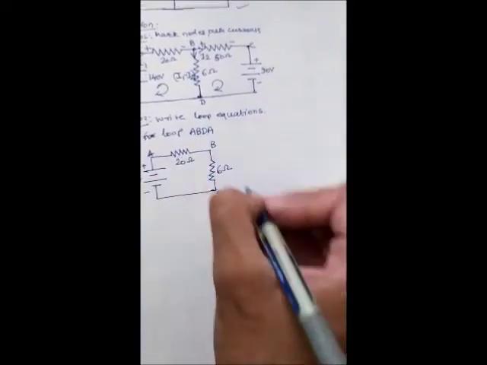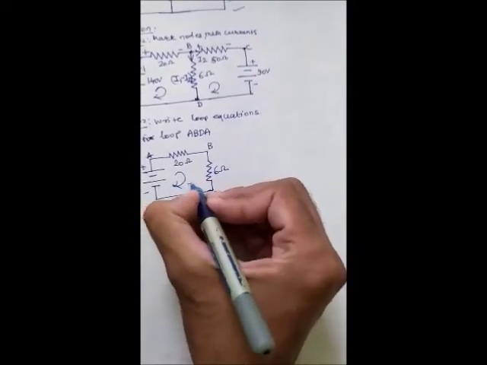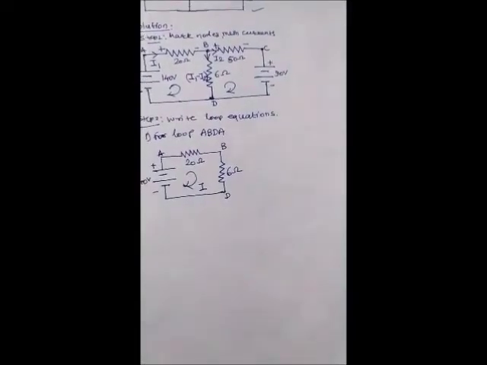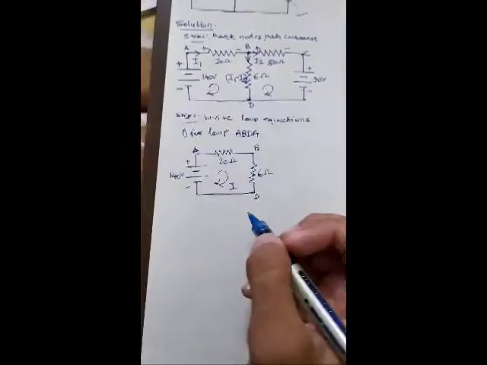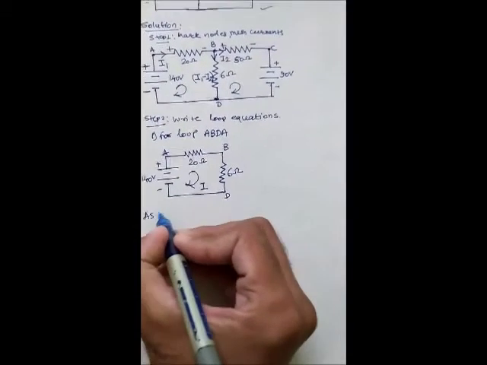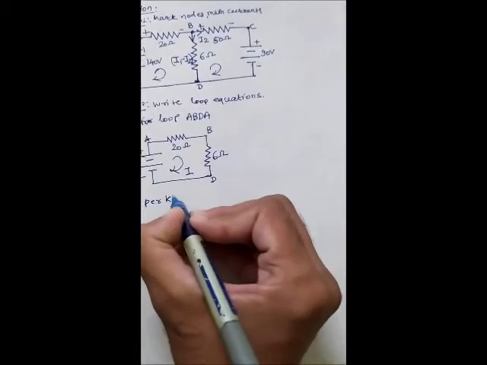So this is loop ABDA. Loop number 1 I will tell this. Okay, this is loop number 1. Now we have to write down the equation for this loop as per KVL.